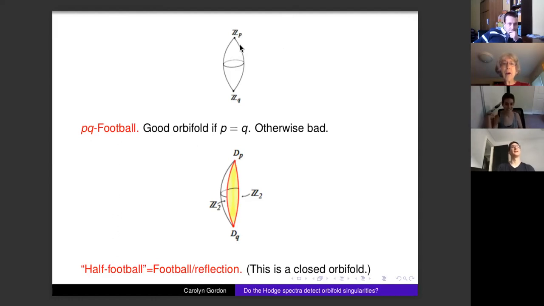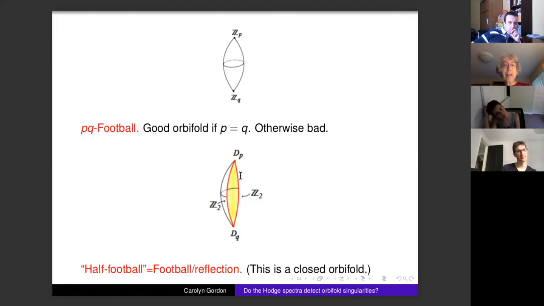The neighborhood of the cone point is a disk in R^2 mod rotation through angle 2 pi over p, the group generated by the rotation. The football is good if p equals q, then it's just the quotient of a sphere by a group of rotations. Otherwise, it's bad.